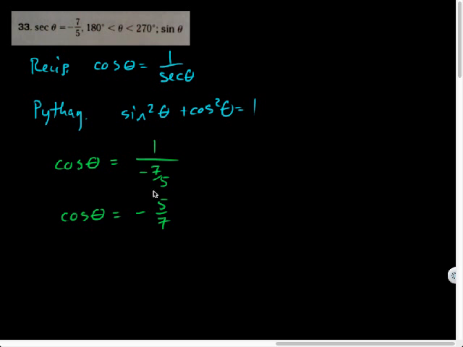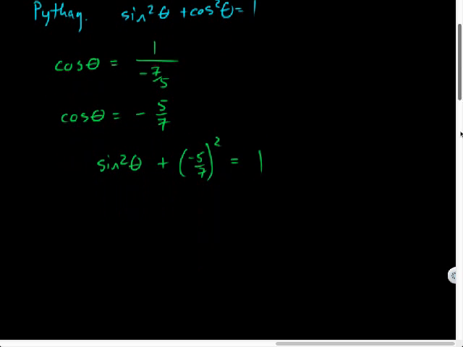So if that's cosine and I want to find sine, now I can take this and plug it in right there. So that means sine squared theta plus negative 5/7 all squared is equal to 1. So sine squared theta plus, if I square top and bottom here, that's 25/49, and it's positive because squaring a negative becomes positive.